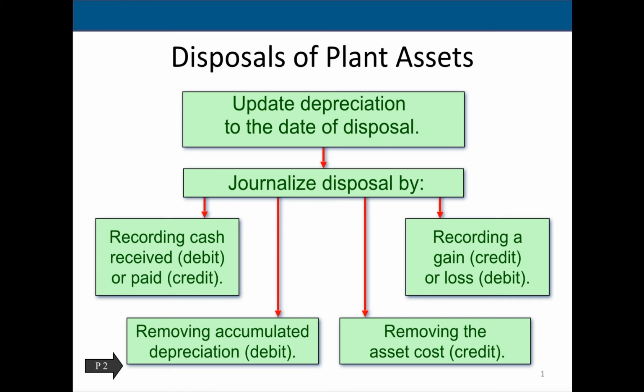And the difference between what was in these two accounts and the cash that we paid or received, whether we have to add a little bit of credit or a little bit of debit to balance this whole journal entry out, that will determine whether it's a loss or a gain. So real quickly, that can be a little wordy.